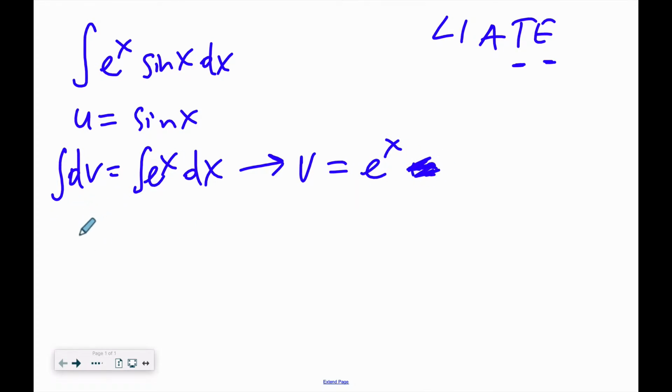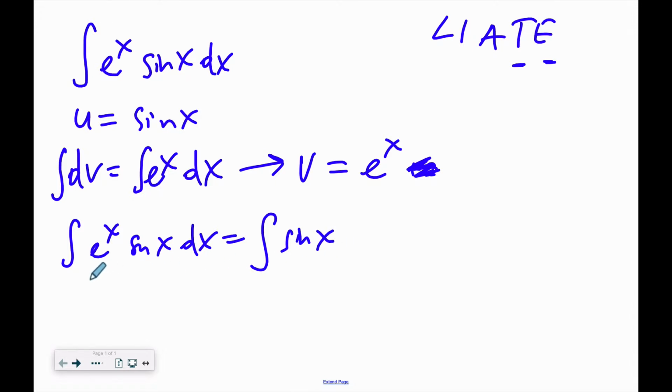So then the integral of e^x sin x dx is turned into sin x, and instead of e^x dx, we're gonna write dv, which is actually d of e^x. And then after this we will apply the rule.